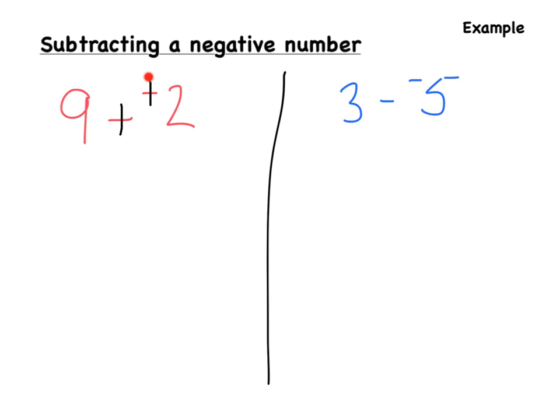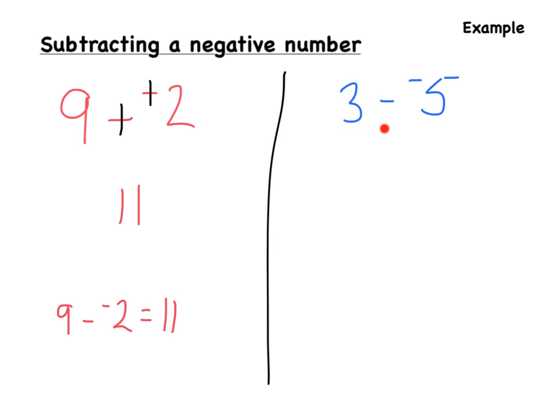In this case, when we added the opposite, we changed 9 minus a negative 2 into 9 plus a positive 2. So now all we have is what is 9 plus 2, and our answer is going to be 11. If we rewrite it to its original state, we'd have 9 minus a negative 2 is equal to 11.